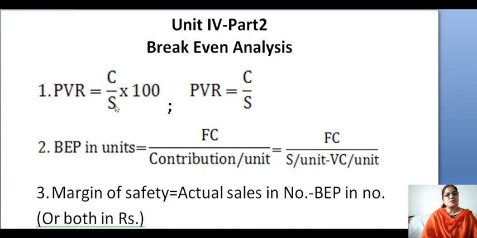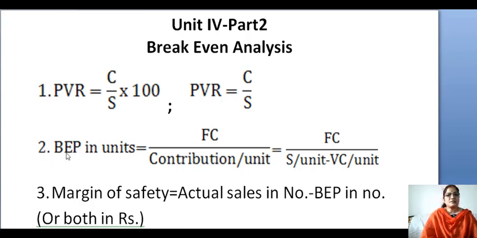Here contribution and sales can be taken either per unit or it can be considered in total as well. Suppose PVR, that is PV ratio, is needed in percentage, use this formula, else just this much is sufficient. PVR is equal to C by S. This is a mantra which can be used for solving many problems on break-even analysis. So every time we'll be using it, that is why this is a very important formula. I'm calling it a mantra.